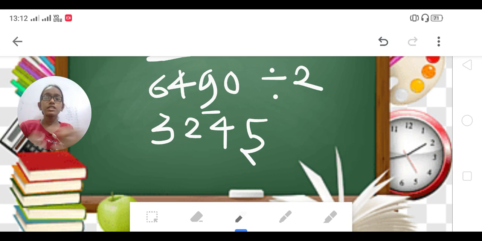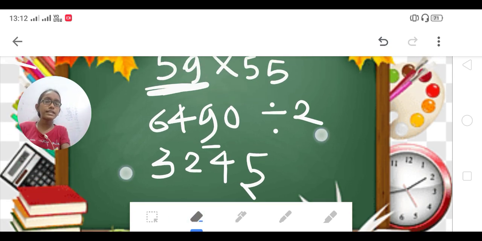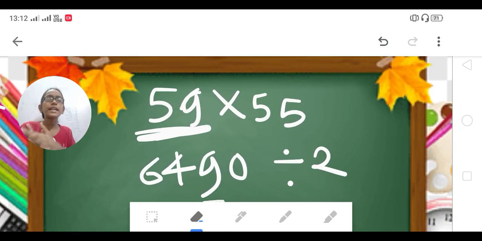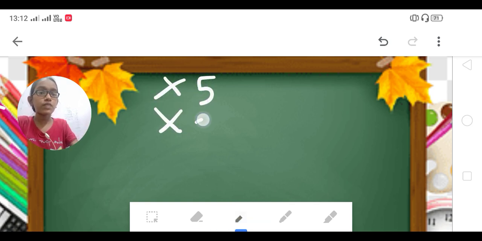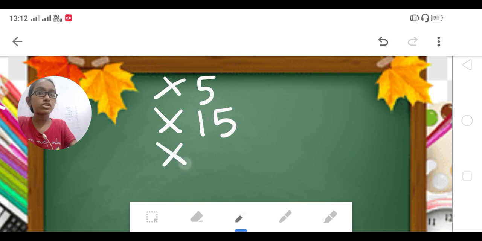Now guys, what is the trick that I'm using behind this? Why am I multiplying the number by 11 when I need to multiply by 55? I will tell you this. If you haven't watched my last video in which I told you how to multiply any number with 5, any number with 15, then any number with 25.